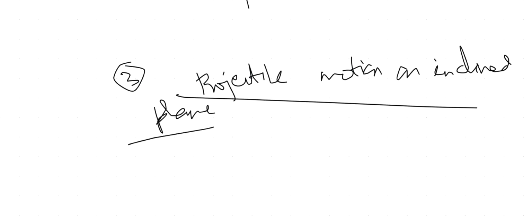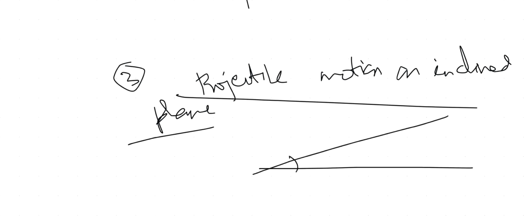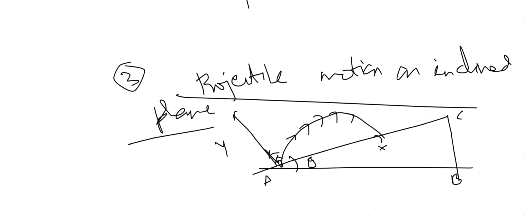ABC is an inclined plane with angle theta. Suppose any person throws any object on an inclined plane, it follows this path. This is called projectile motion on an inclined plane. This is the x-axis and this is the y-axis.